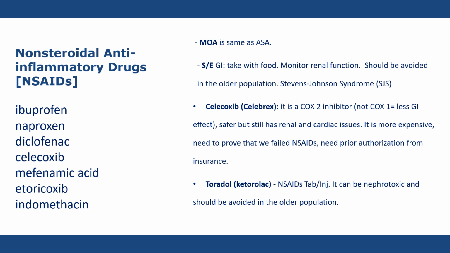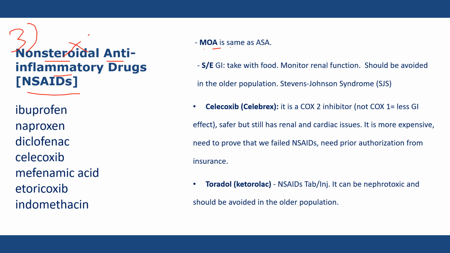Okay, third and the last agent under the same mechanism of action, which was to inhibit prostaglandin, is a category called NSAIDs. NSAID stands for non-steroidal anti-inflammatory drugs. Non-steroidal tells you that these are not steroid drugs, right?